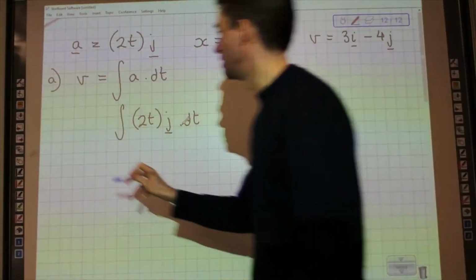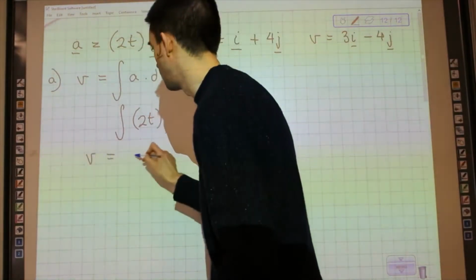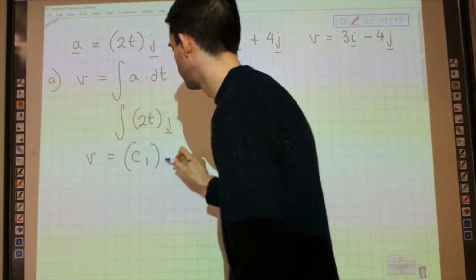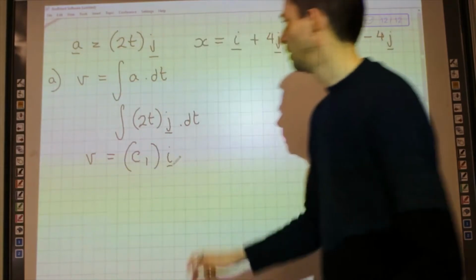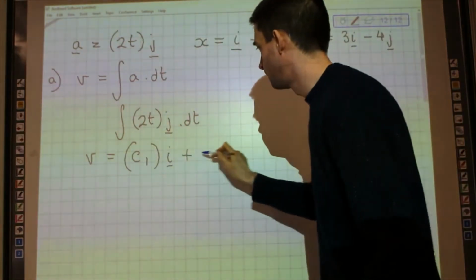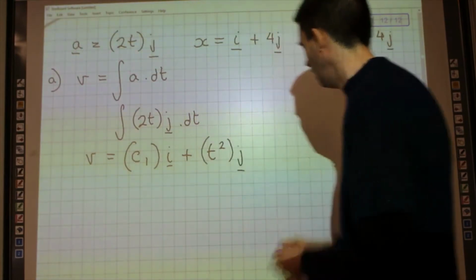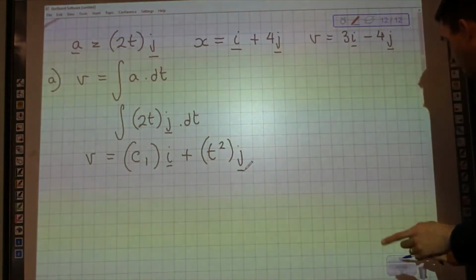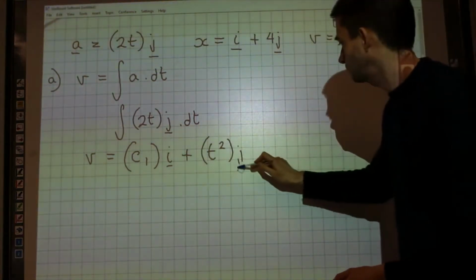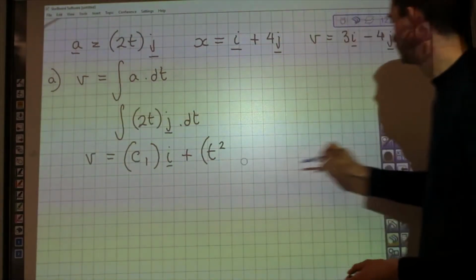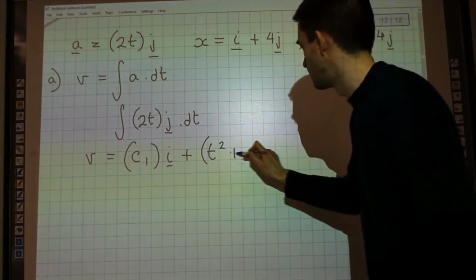So we just get a constant of integration for i, and then we integrate the j bit and we get t squared, excuse me, plus c2 j, when I've forgotten the second constant.